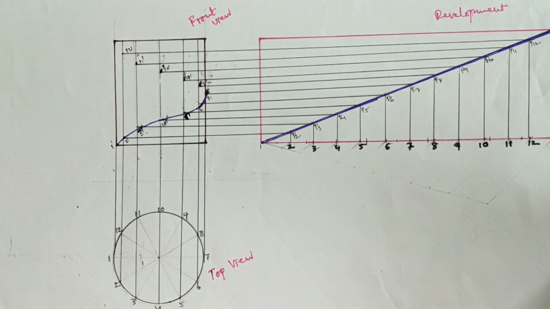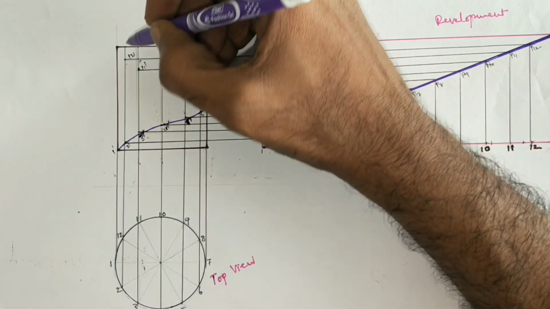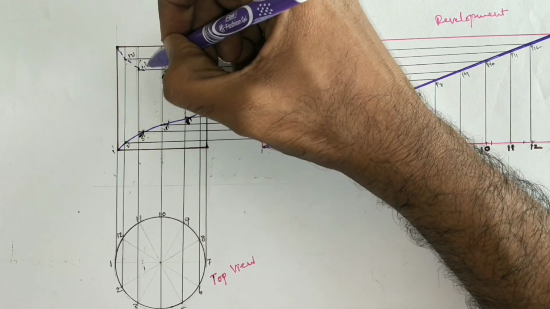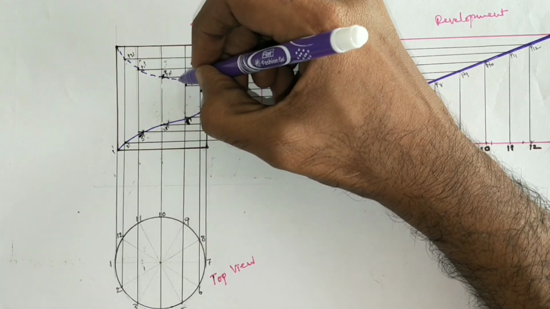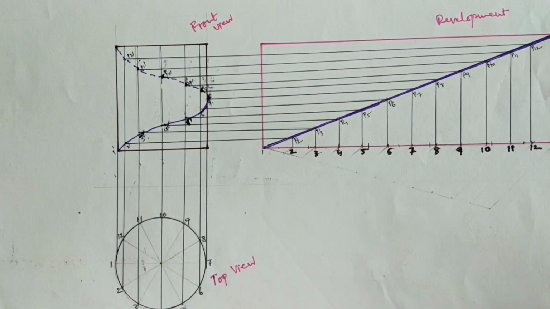That is the reason why it is to be represented with dotted lines or hidden lines. That means it is not visible for us. So here, I am going to represent this particular part of the helix with dotted lines. That is how we have to construct the helix.